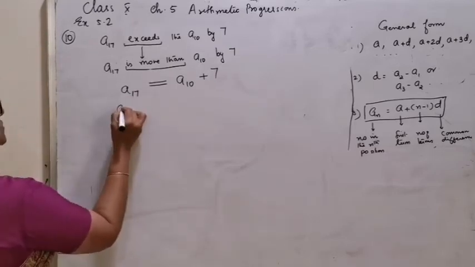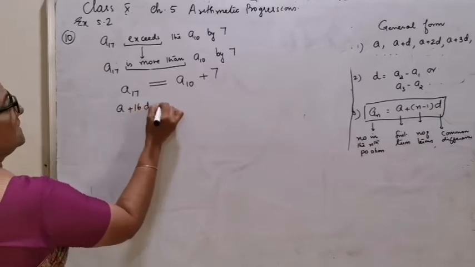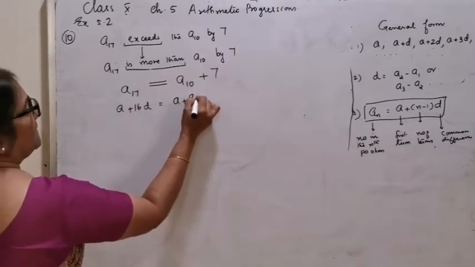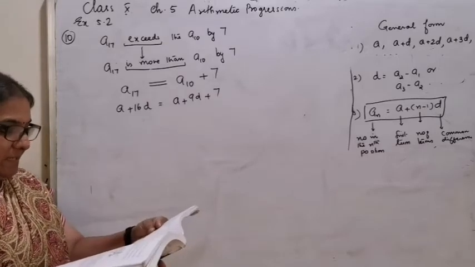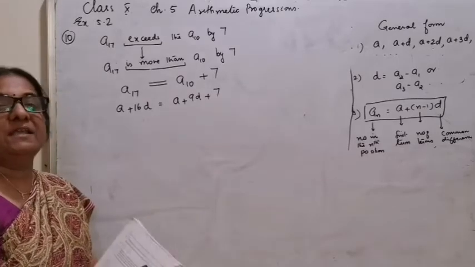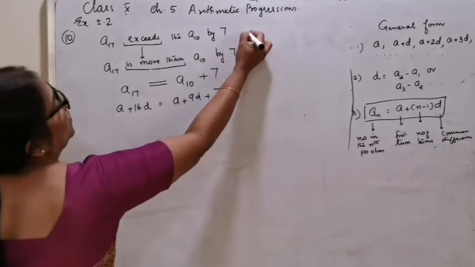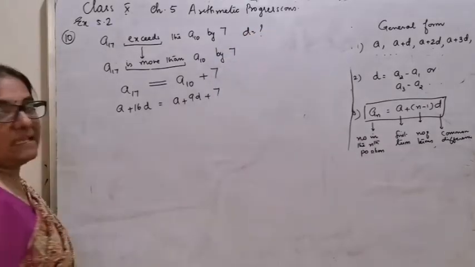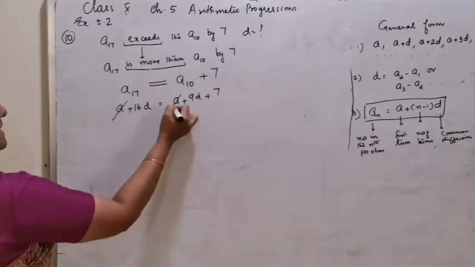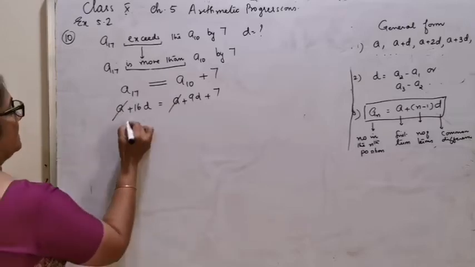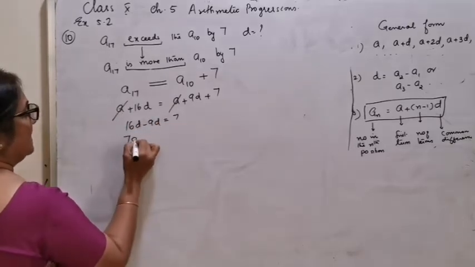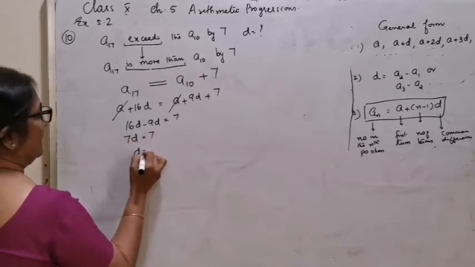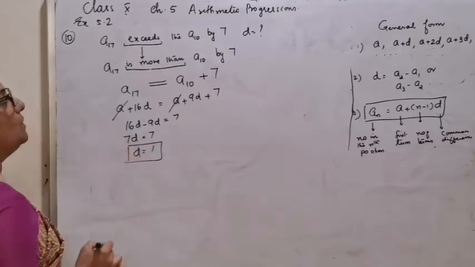Now if you substitute, A plus 16D is equal to A plus 9D plus 7. Since it is a general question, now they are asking you to find the common difference. So what is the common difference of this AP? So A and A gets cancelled. 16D minus 9D is equal to 7. 7D is equal to 7, or D is equal to 1.